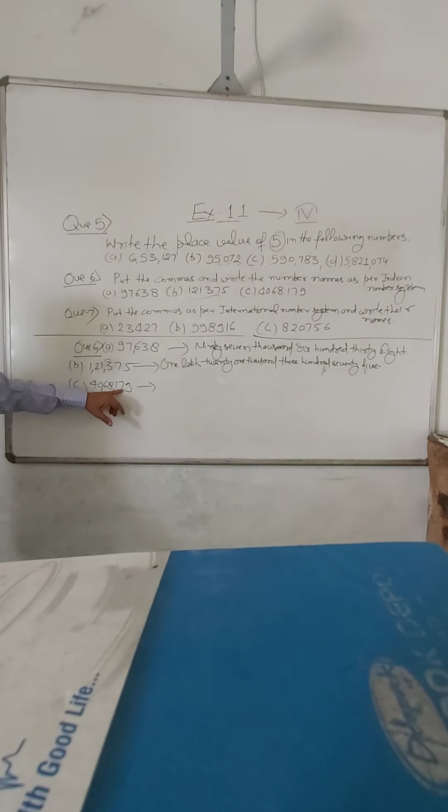Now see, ones, tens, hundreds, thousands, 10,000, lakhs, 10 lakhs. So this will be the lakhs period.